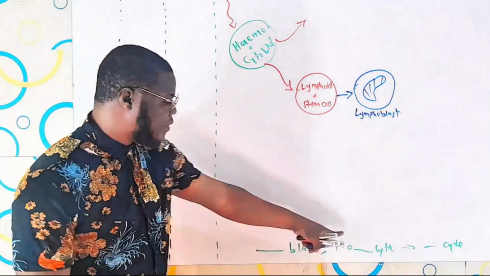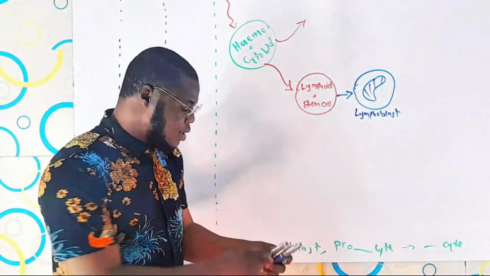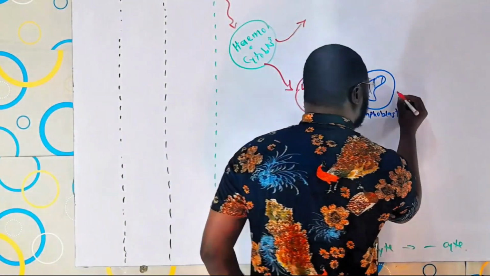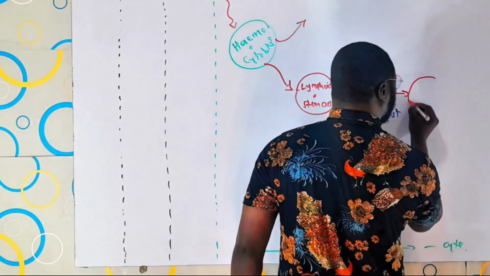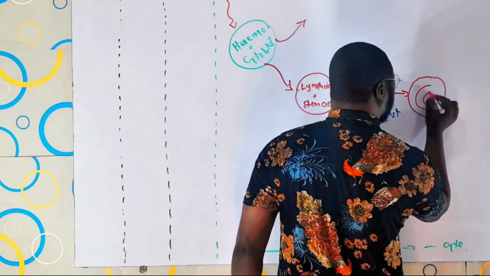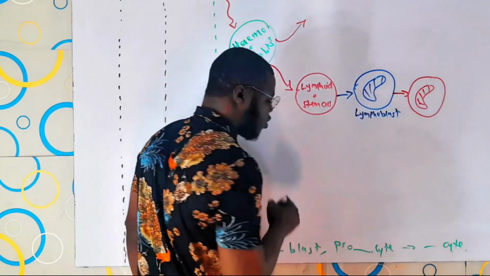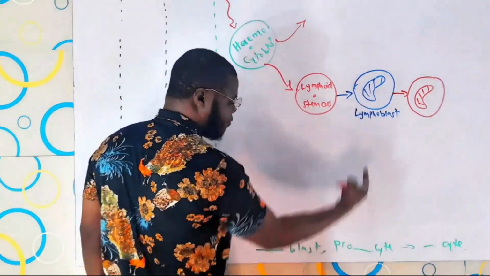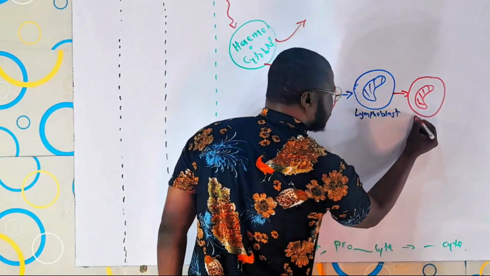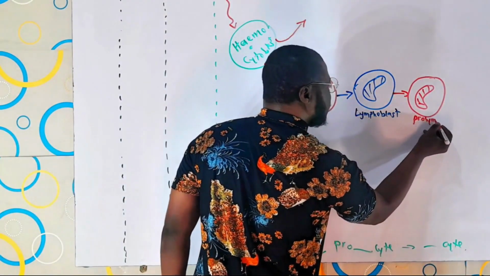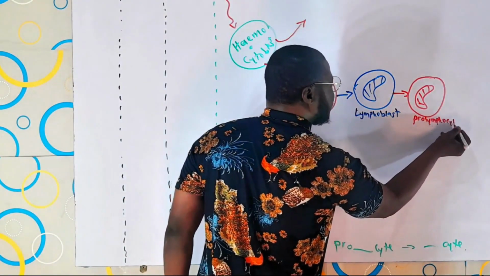And what next? From there it is going to divide to the pro-site. That will tell you what it becomes next: pro, then you add the lymph, and the site. So it becomes the prolymphocyte.